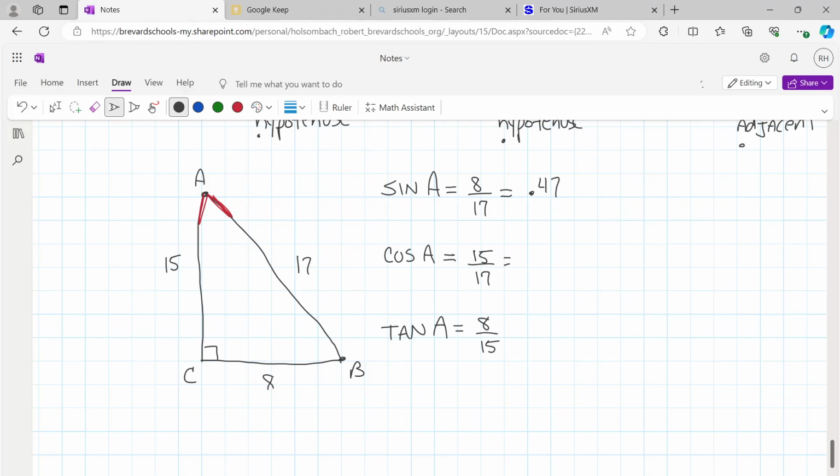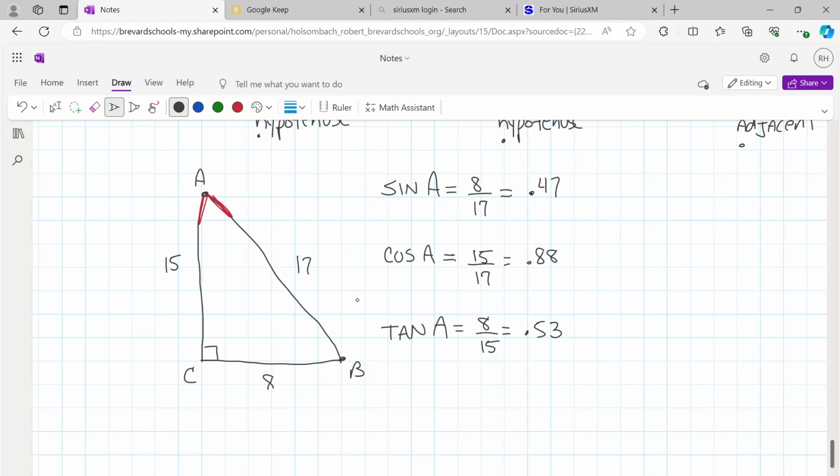And then 15 divided by 17, which is 0.88. And then 8 divided by 15, 0.53. So there's your sine, cosine, and tangent of angle A as a ratio and as a decimal rounded to the nearest hundredth.